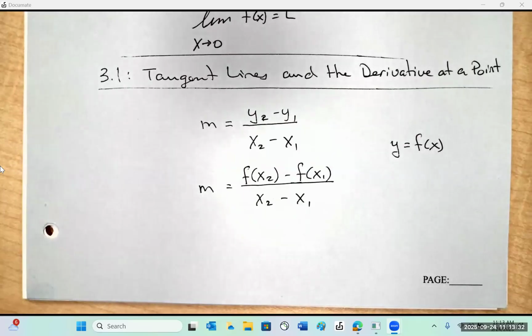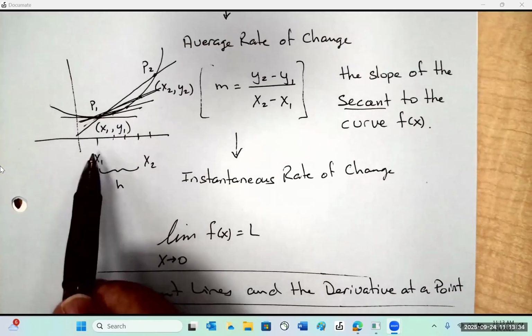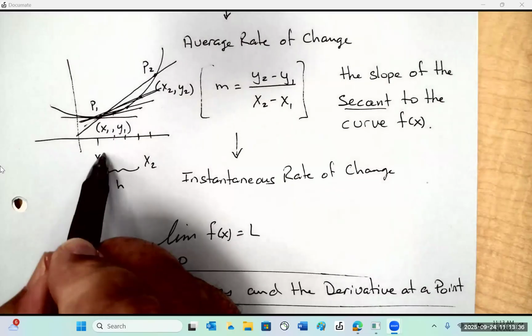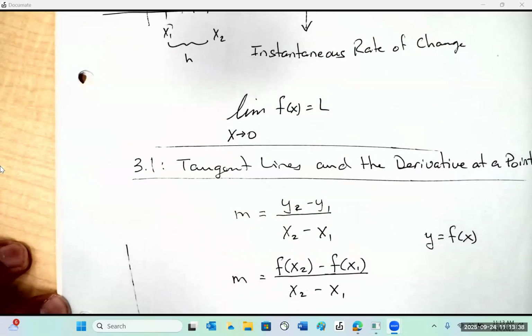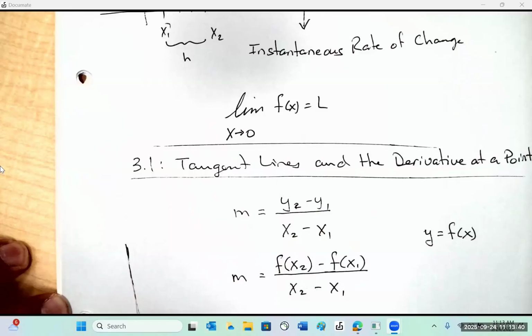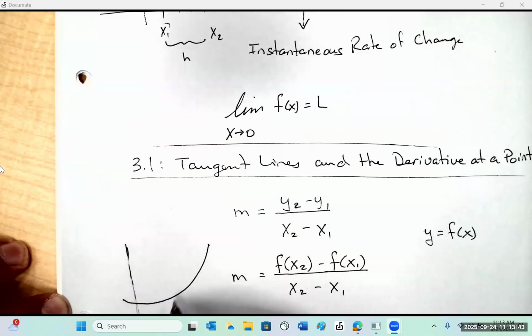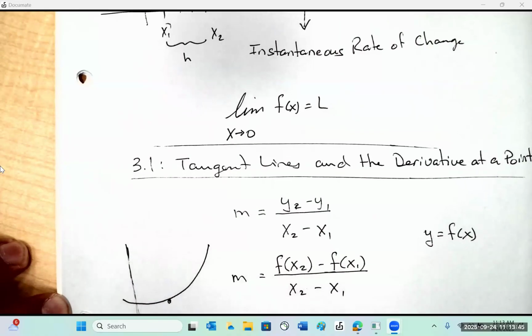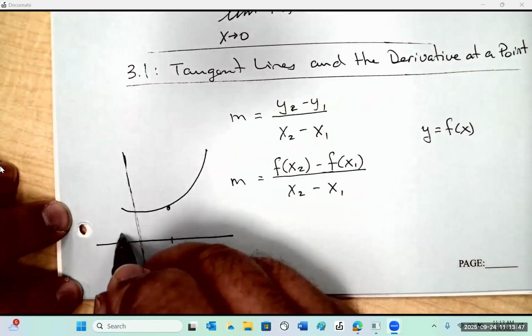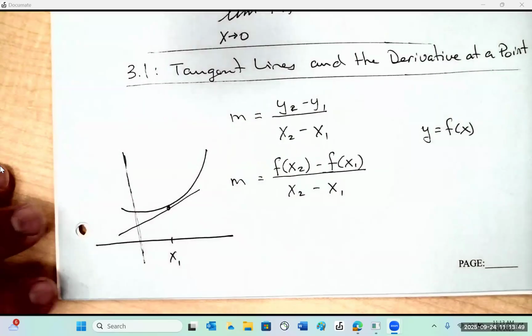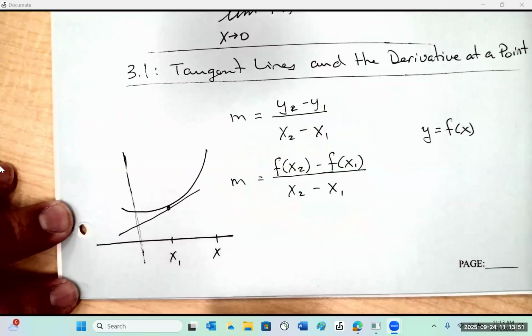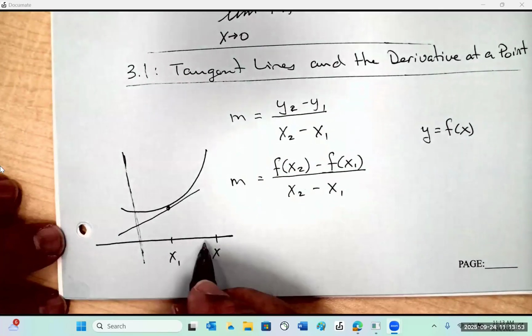So now our problem is, because we only want 1 point, we only want the slope of the curve at 1 point. That means all these other x's have to get closer and closer and closer.